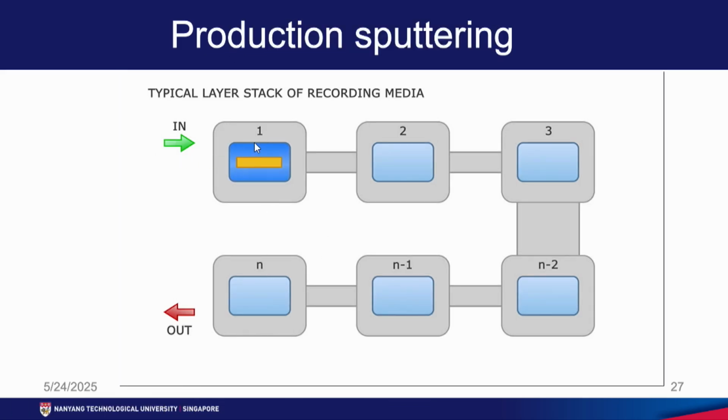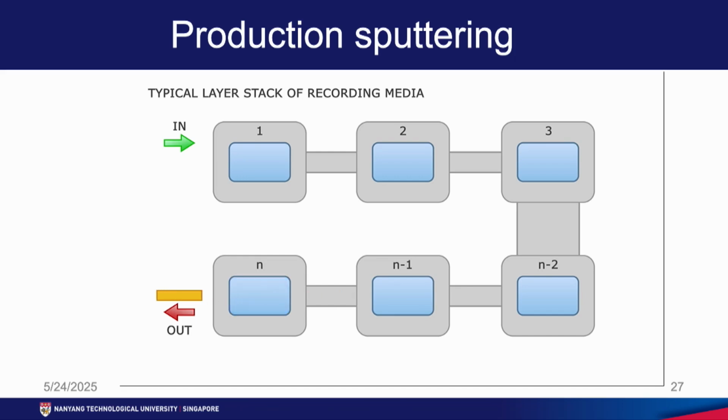The disk goes in, deposition happens in station 1, then the disk goes to station 2, and so on. By the time this has reached 2, another substrate will enter. So all these substrates go in queue one after another. When this disk is in N, there is another substrate here, another substrate here, and so on.